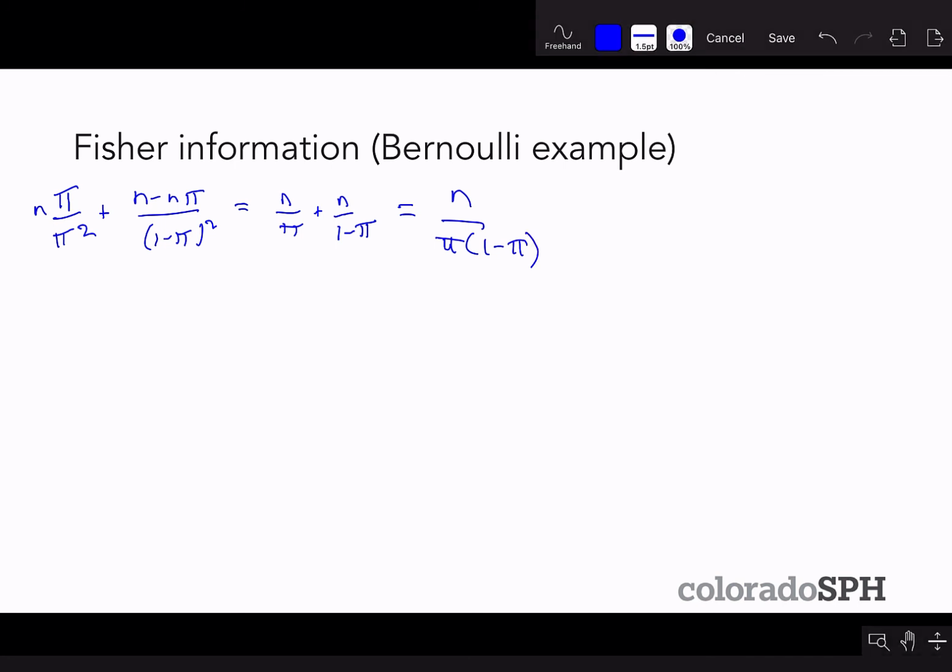Okay, so that's the expected information I of pi.